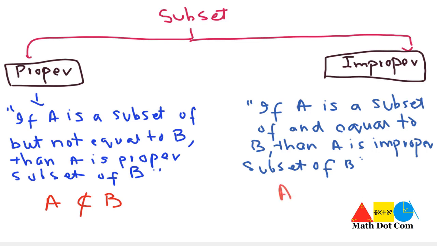Its notation is A is the improper subset of B. So this is how they are basically represented.